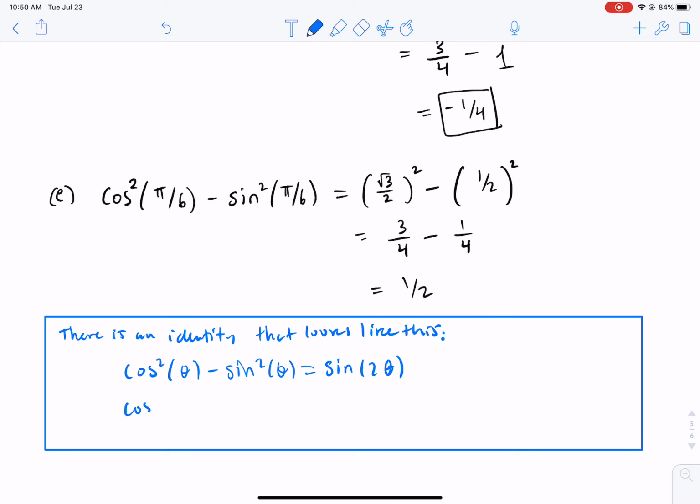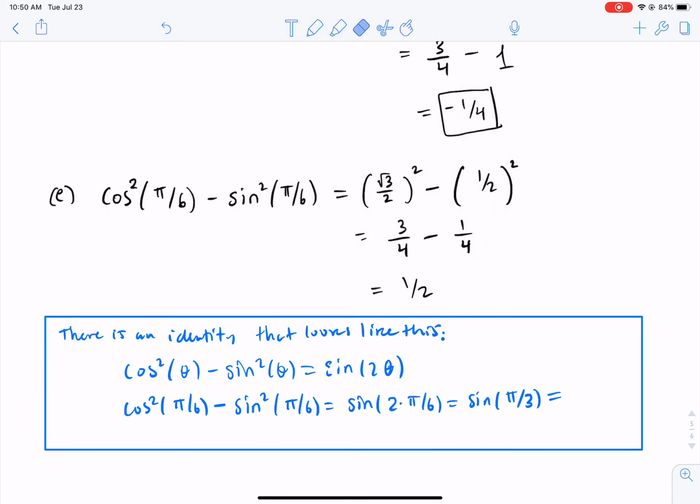So we're trying to evaluate cosine squared of pi over 6 minus sine squared of pi over 6. So this is going to be sine of 2 times pi over 6, so that's sine of pi over 3. What is sine of pi over 3? Yeah, no, I think I messed up here.